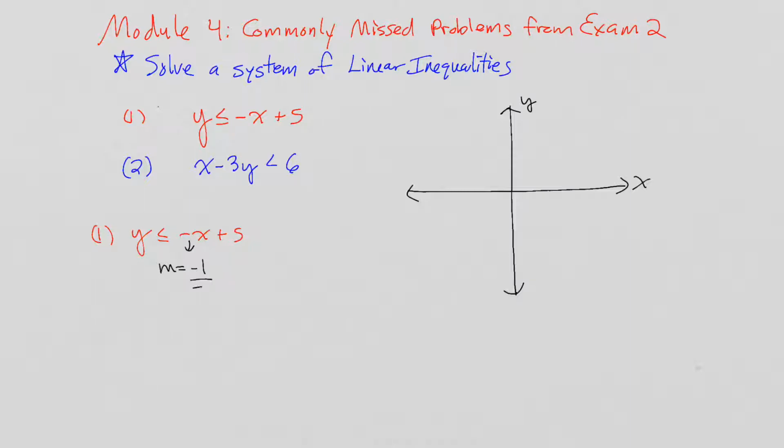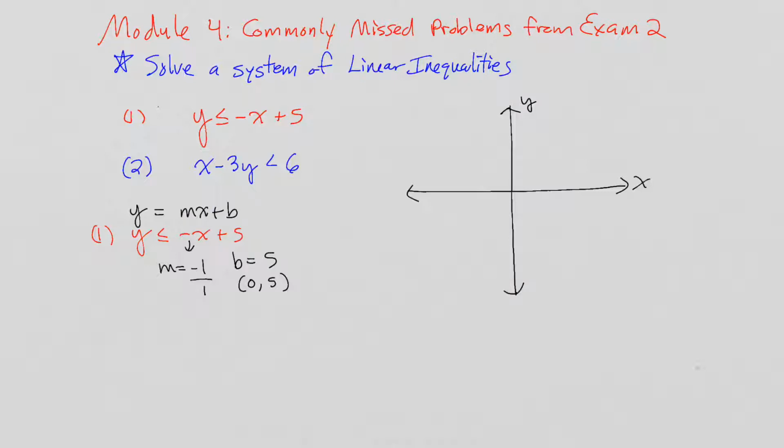So that's going to be -1 over 1. And then this 5 is the y-intercept, or b. And so this is just going to be 5, which comes from the point 0, 5. Okay, so y equals mx plus b is the format I'm referring to.